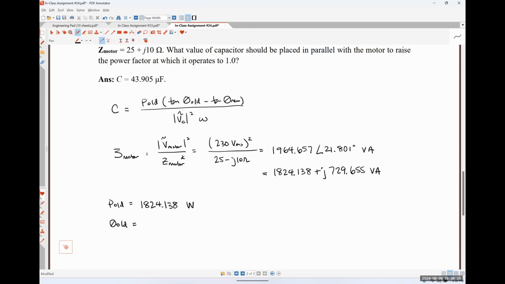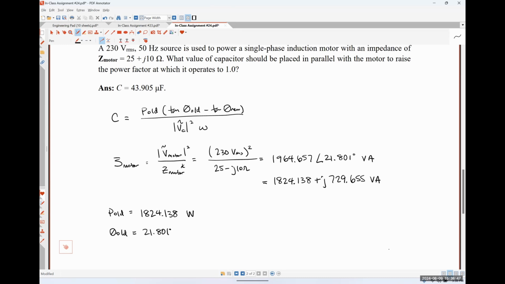What's theta old based on the information that we have? 21.8. Exactly right. So the angle that the motor is absorbing power at is theta old, because the motor is our load prior to power factor correction.